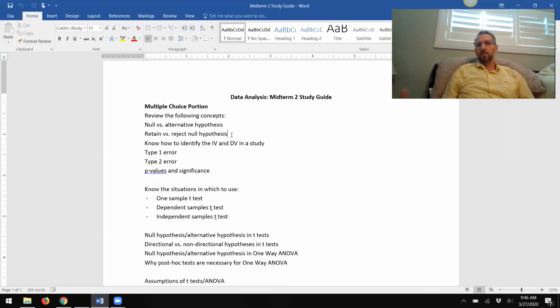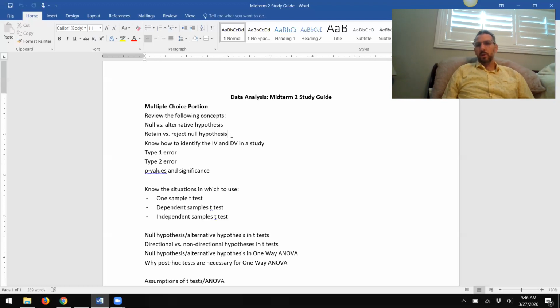If you retain the null hypothesis, the only type of error you could be making is a type 2 error. You're making a false negative. It could be true that there's no relationship between the two variables, but it could be that there is a relationship. You just don't see enough evidence to know that it's there.